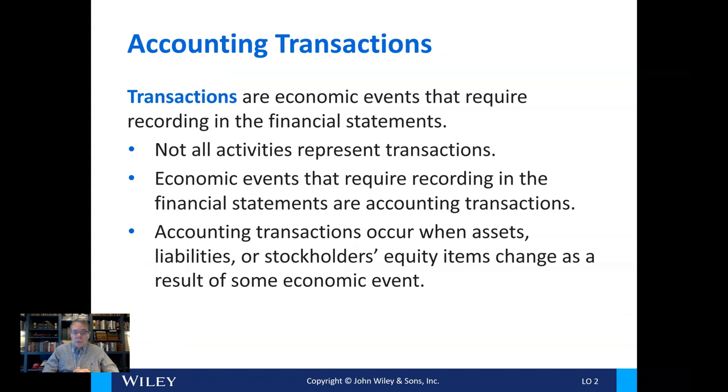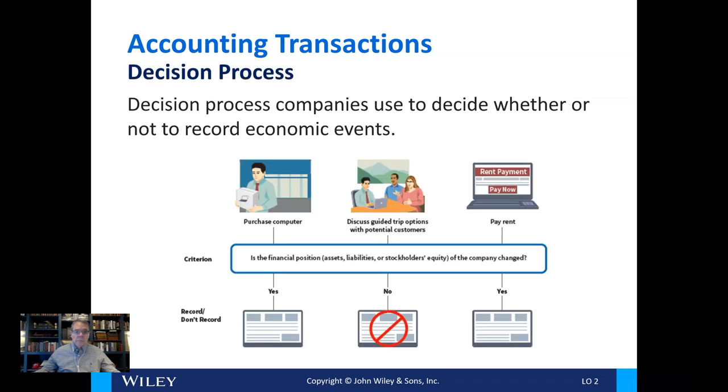Accounting transactions occur when assets, liabilities, or stockholder equity items change as a result of some economic event. So here's the basic accounting transactions decision process companies use to decide whether or not to record economic events.